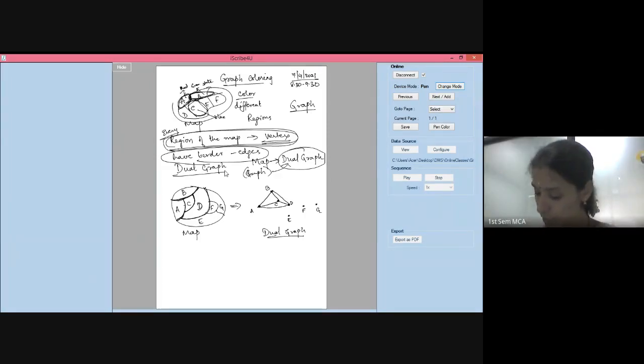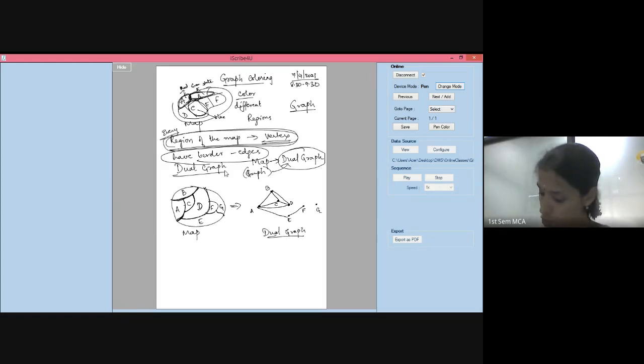Now, let us come to E. E is sharing border with A. This part is A. Then it is sharing border with D. It shares border with F. It shares border with G. So I have to connect this much with respect to E. So I'll connect A to E. It shares border with F, so I'll connect F. Does it share border with D?